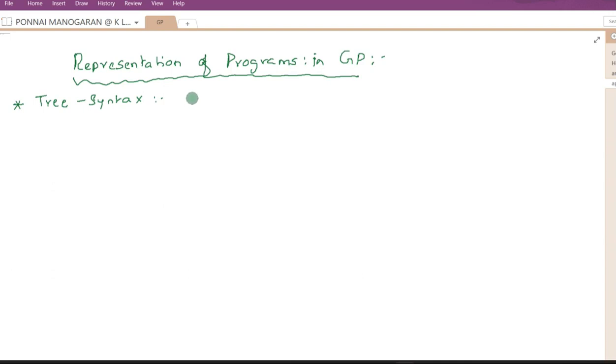So you can have different types of nodes. You can have the root node, internal nodes, and finally terminal nodes.